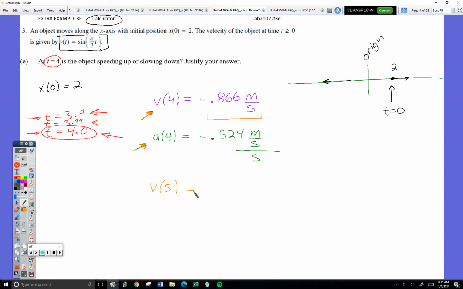Talk to each other, raise your hand, and tell me, if everything were allowed to remain stable, meaning this actually occurred, the velocity would change by this amount, this many meters per second, over the next 1 second of time. Tell me what would be the new velocity at time equal 5. Looking for hands. Somebody will get it. You can use your calculator if you want.